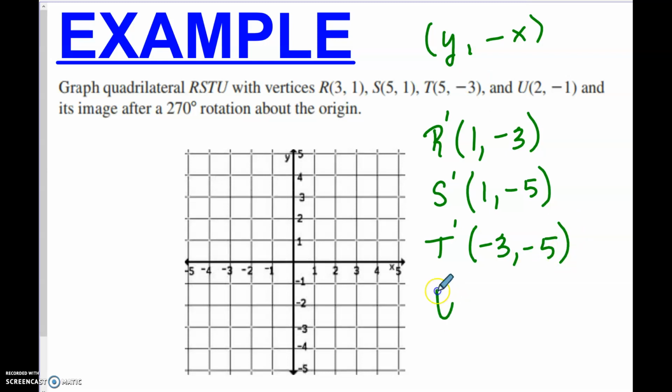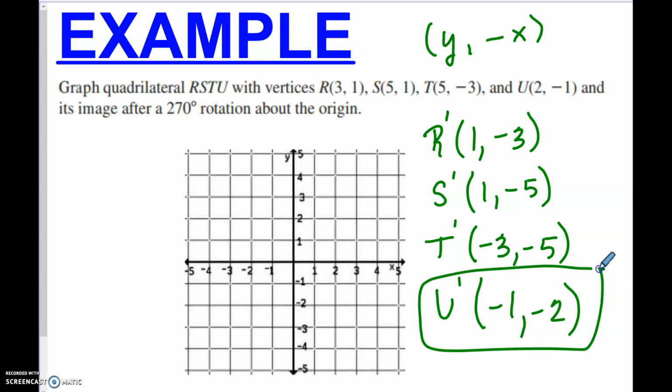And then U prime is going to be, take that y value, bring it in front, and the x goes in back, and it switches signs. So these should be the 4 ordered pairs when we do a 270-degree rotation around the origin. All right, so let's just check U is what? -1, -2?